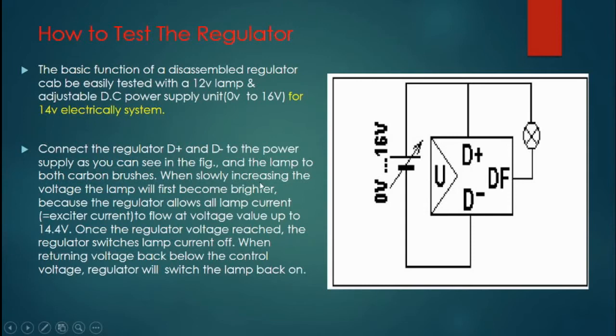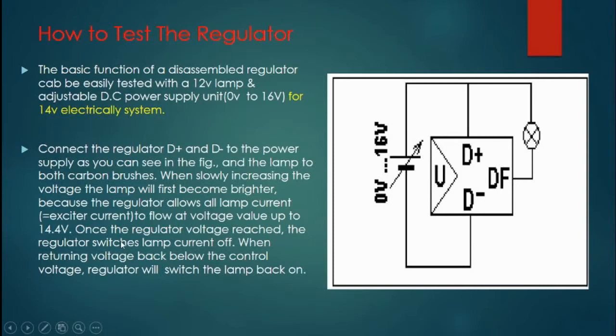When slowly increasing the voltage, the lamp will first become brighter, because the regulator allows all lamp current, which is equal to the exciter current, to flow at voltage values up to 14.4. Whenever the voltage reaches 14.4, the light will become brighter.